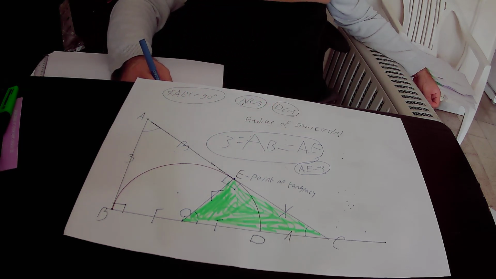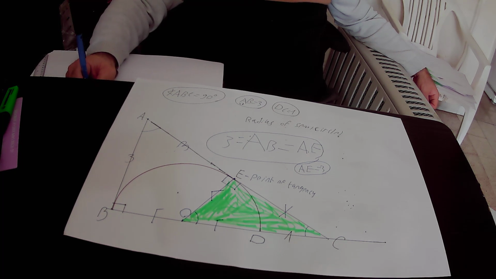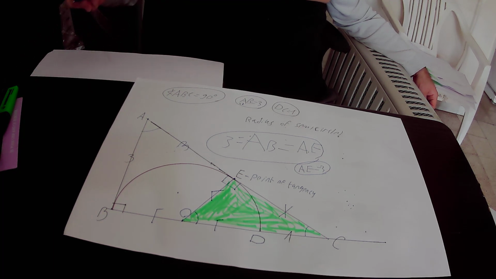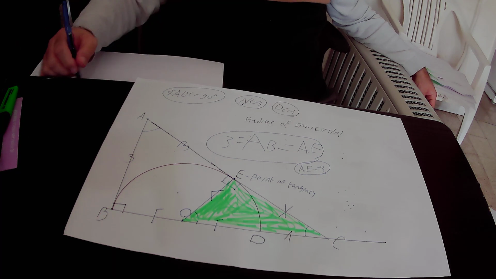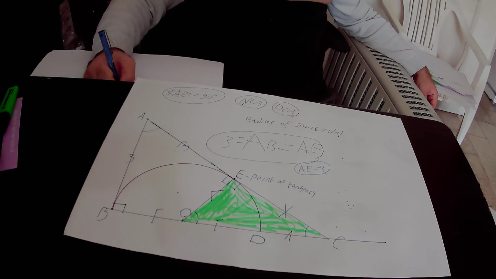So we proved that triangle ABC is similar to triangle OEC, the green right triangle, according to the angle similarity rule.